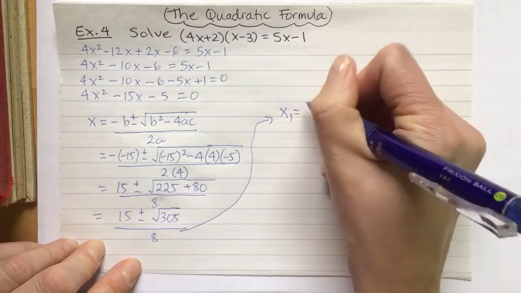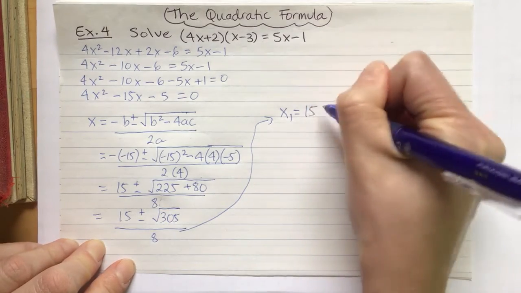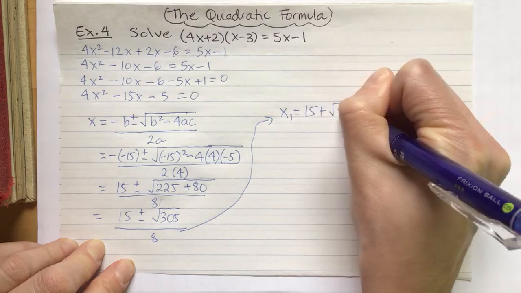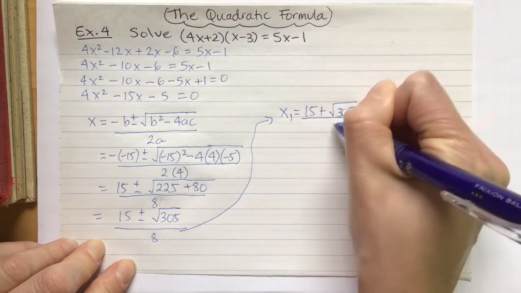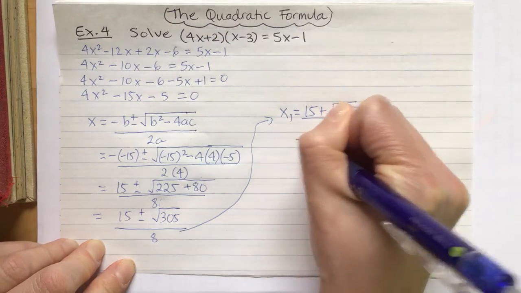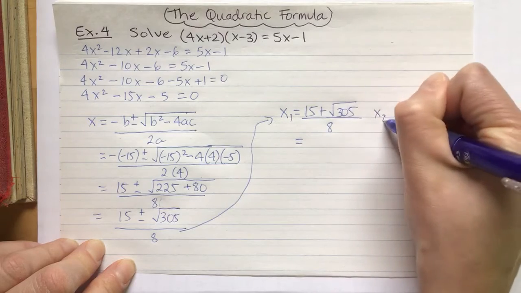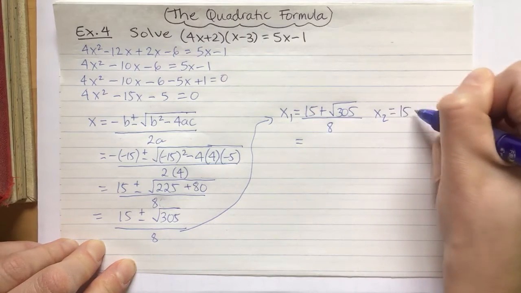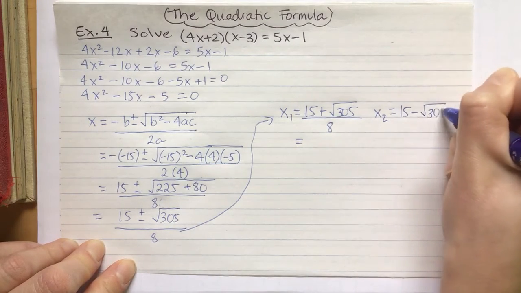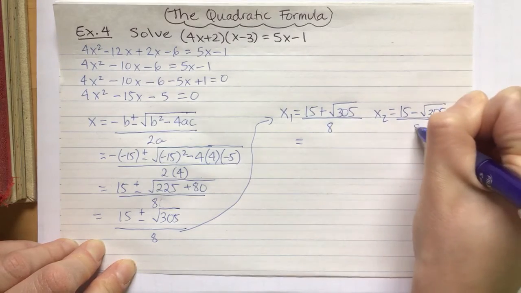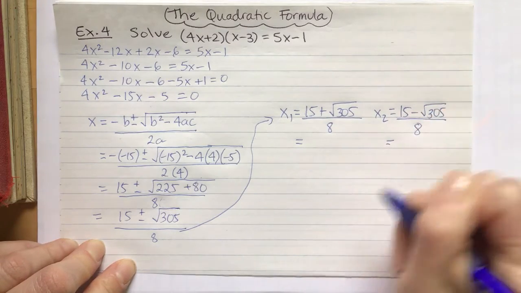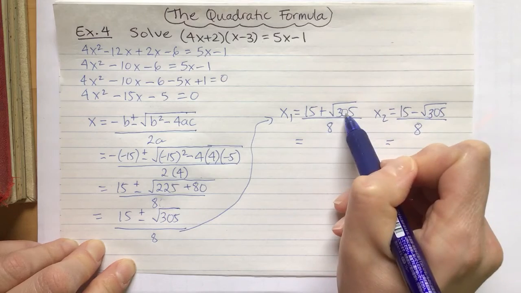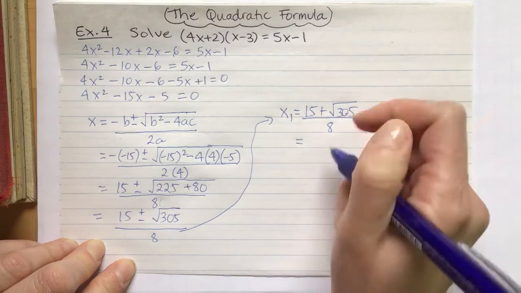So we're going to look at x1, so the first one, where we do 15 plus the square root of 305, all divided by 8. And the second one, where we do 15 minus the square root of 305, all over 8. Now, here's the point where you're going to plug it into your calculator, and you're going to get a decimal.